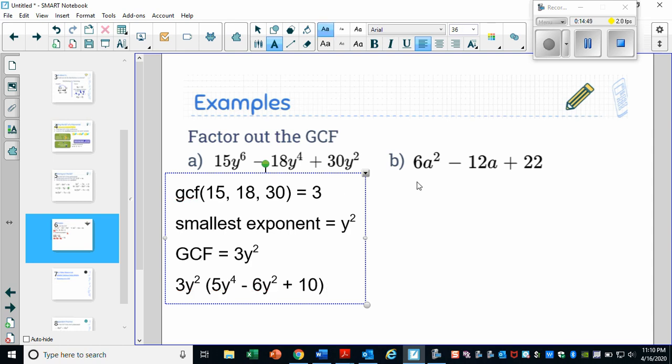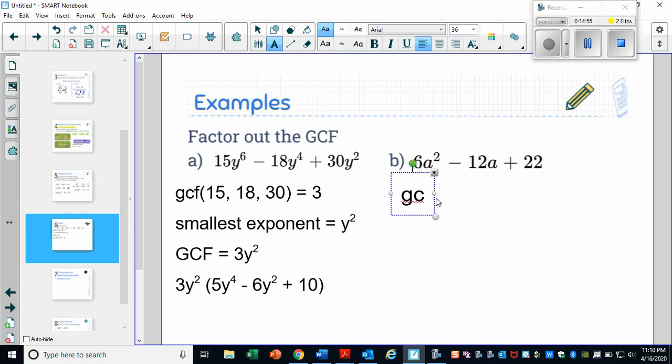Similarly, for the second problem, you do in Desmos GCF of 6, 12, 22. That equals 2.